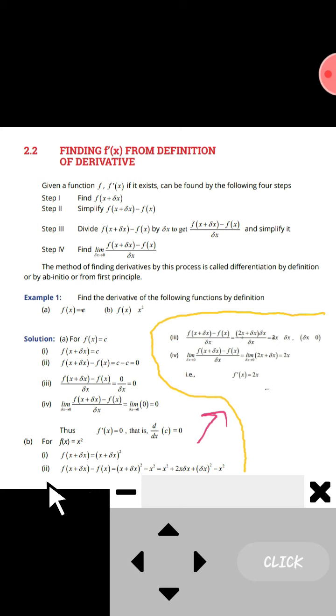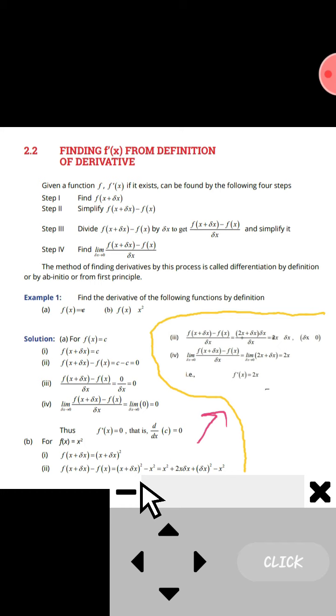Step 2, we have to simplify f of x plus delta x minus f of x, meaning the difference between the actual function and the changed function. So f of x plus delta x minus f of x will be x plus delta x whole square minus x square.